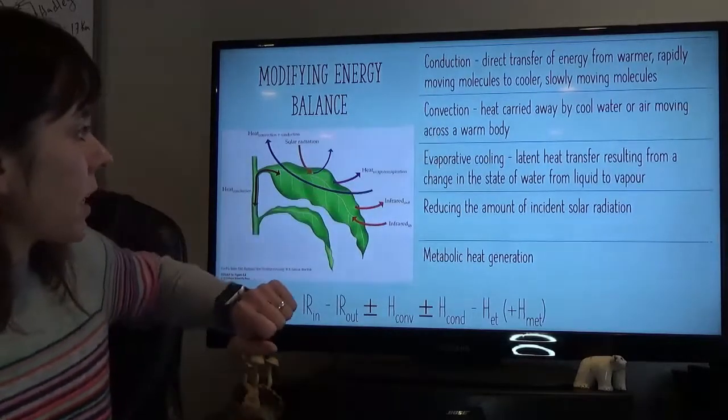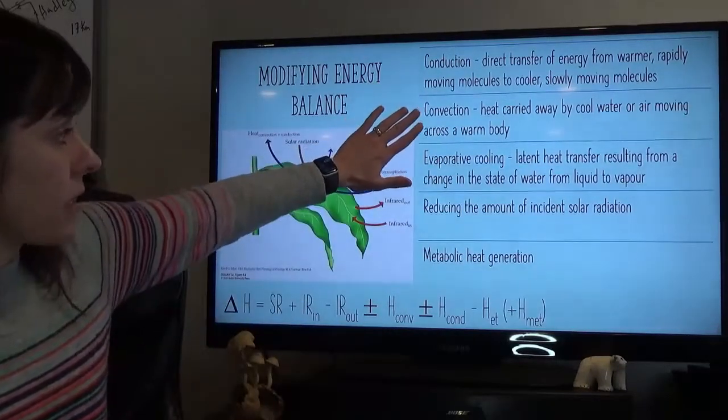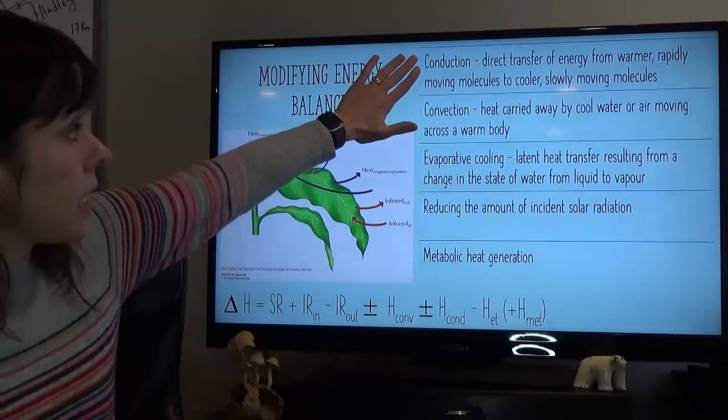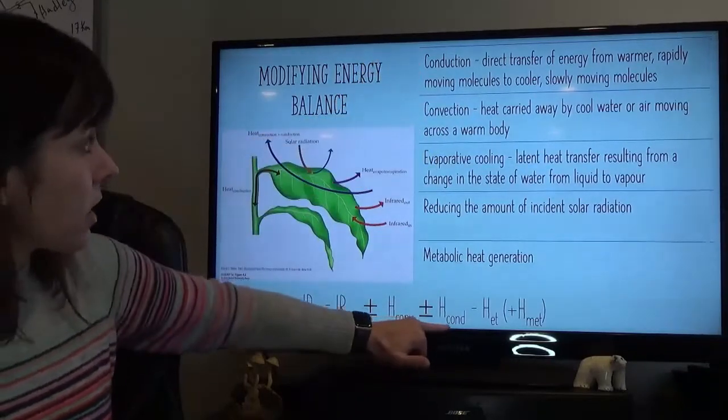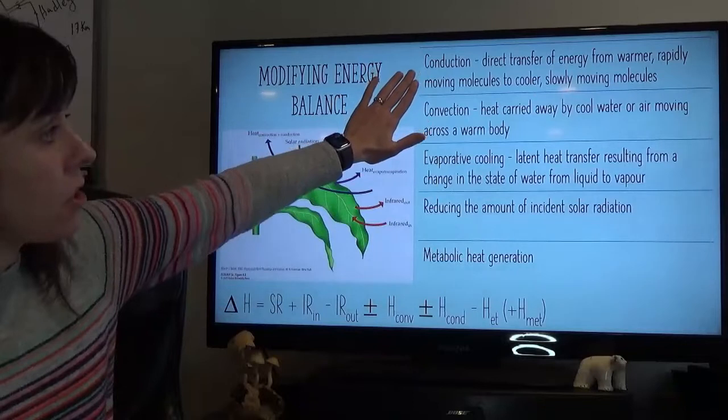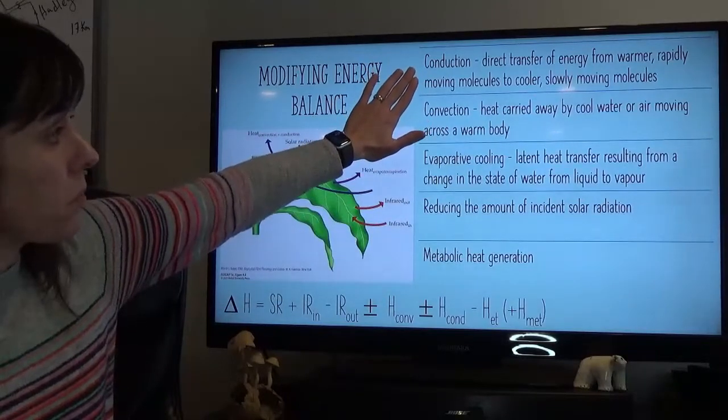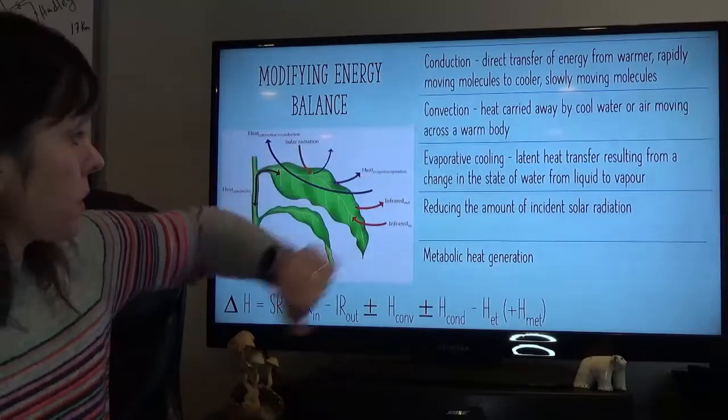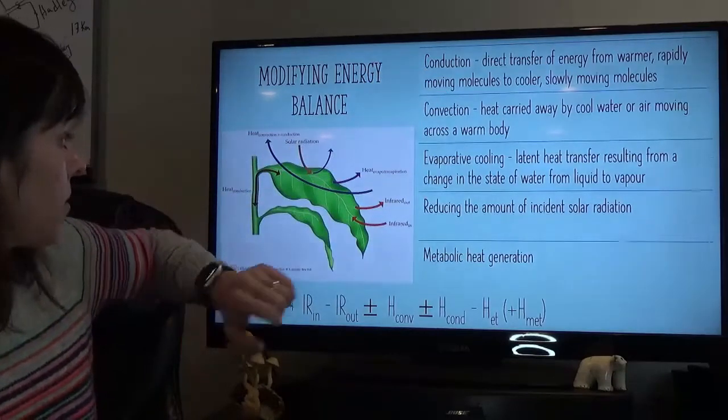So this is our convective heat loss. Conduction is our next step, and this is direct transfer of energy from warmer, rapidly moving molecules to cooler, slowly moving molecules.